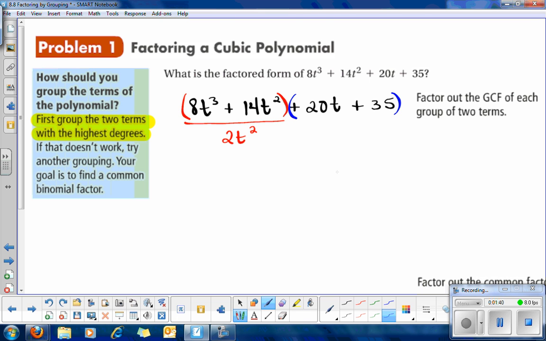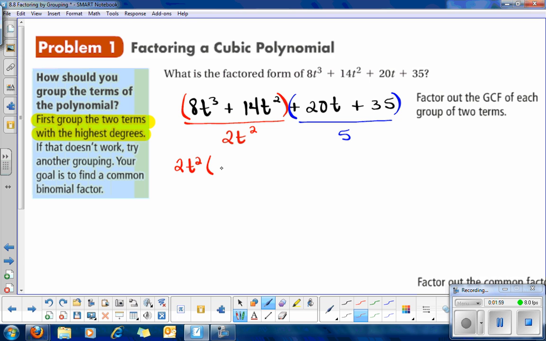For the second one, the greatest common factor is 5. Okay, so again, when you are factoring the greatest common factor, the greatest common factor gets put on the outside of the parentheses. So we end up with 2t squared times everything that's left.